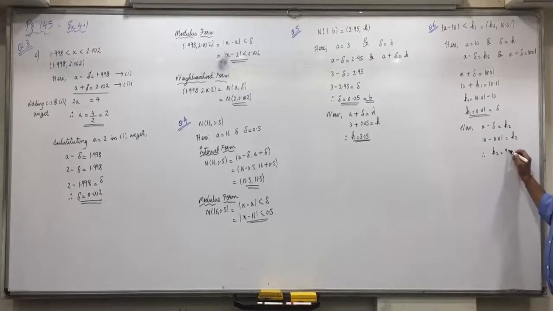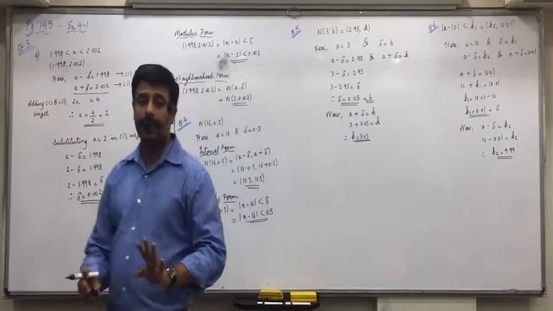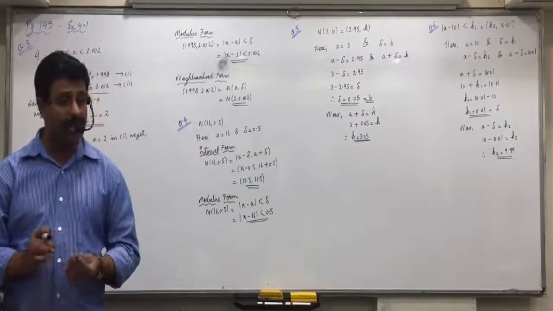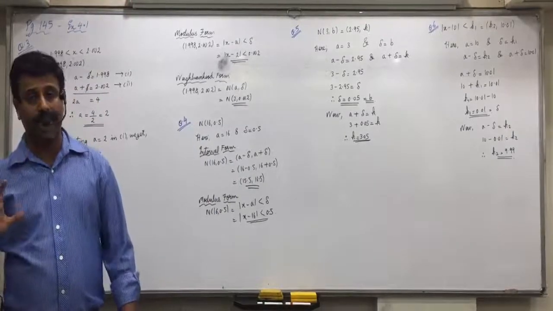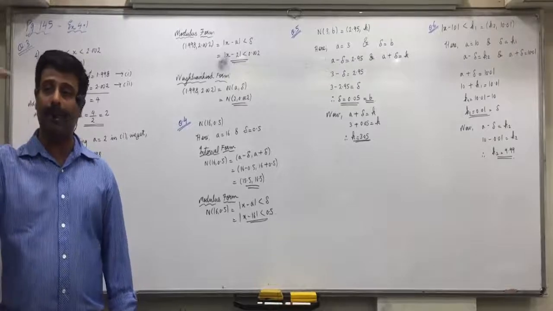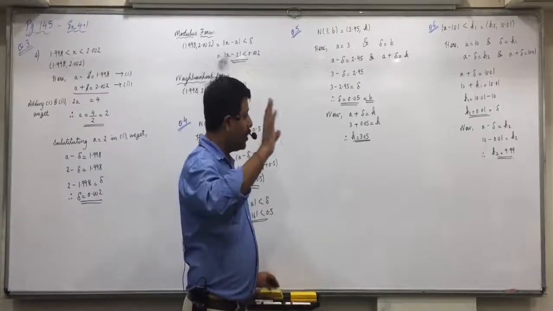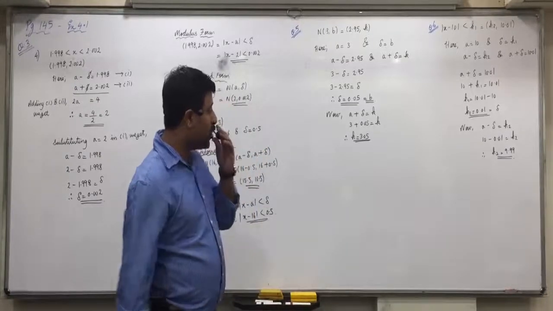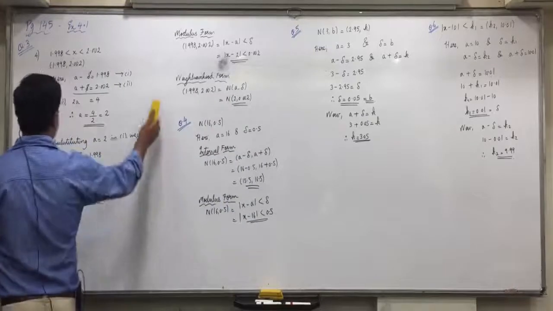So 9.99. Did you understand this, everyone? Whenever such equations come, always remember: wherever two values are available, put those values in that equation first and obtain the missing one, then put the value in the other equation. You always get the answer easily. Thus K1 is 0.01 and K2 is 9.99.